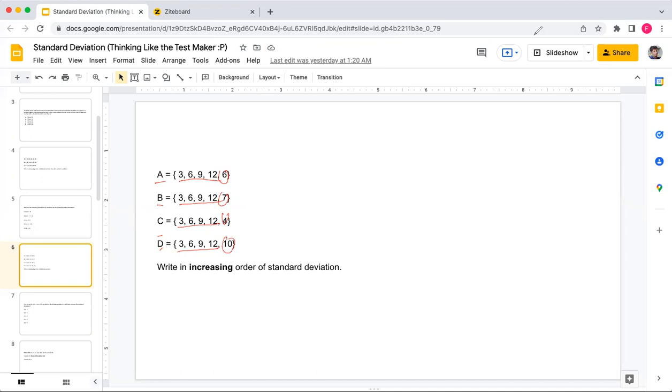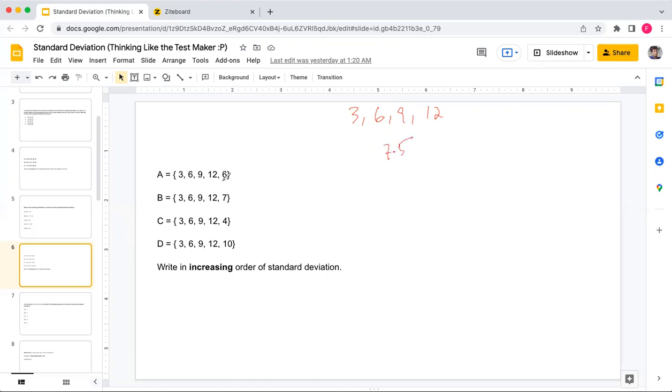If you see the first 4 elements, 3, 6, 9, and 12, what is the mean of this? Because these are in arithmetic progression and the number of elements is even, just take the average of the middle 2, that is 7.5.